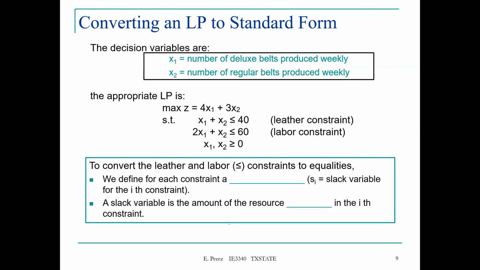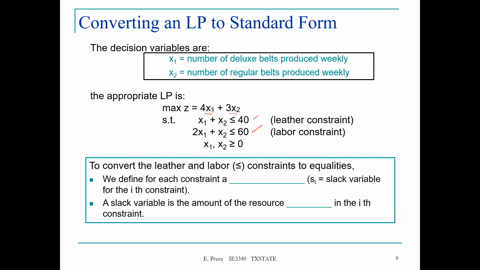The LP is then the maximization of the profit, and we know that we make $4 per deluxe belt, so it's 4 times X1, and we make $3 for the regular belts, so 3 times X2. And then we have two constraints. One is the material, and the second one is the labor. So this is our LP.